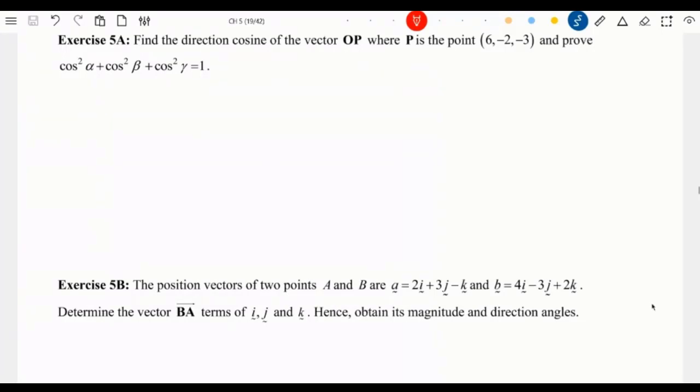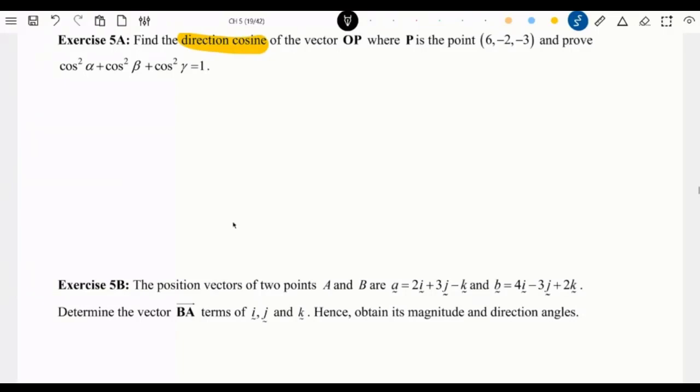where P is a given point and prove cos square alpha plus cos square beta plus cos square gamma equal to 1. So first thing you have to do is to find the direction cosine. Macam mana kita nak cari direction cosine? Apa yang paling penting? First thing yang kamu kena cari untuk cari direction cosine. Apa yang patut kita cari? Magnitude.